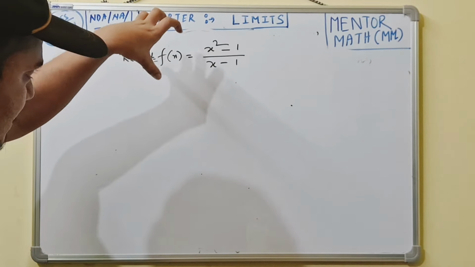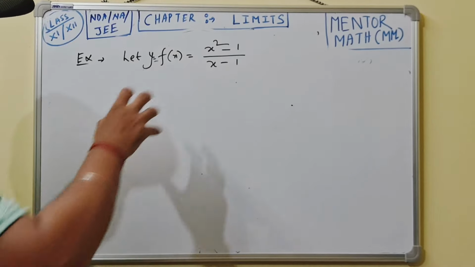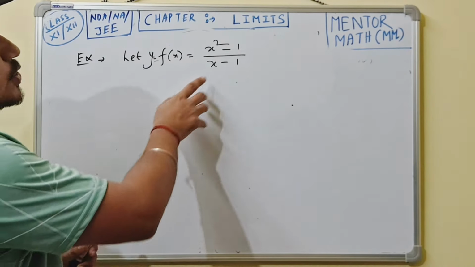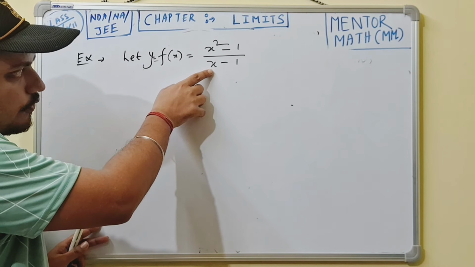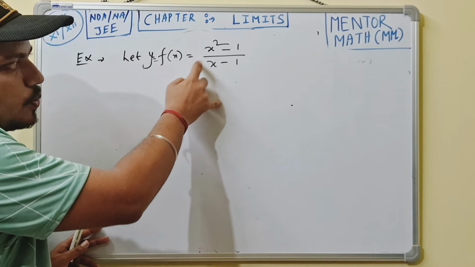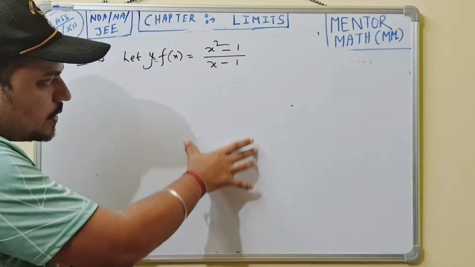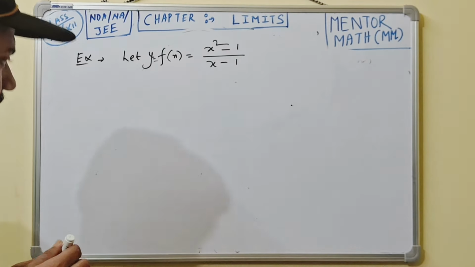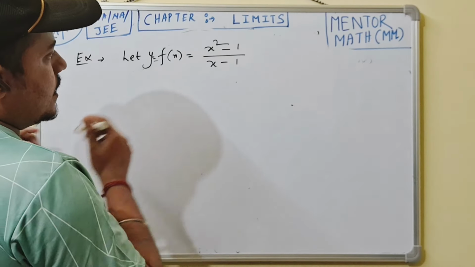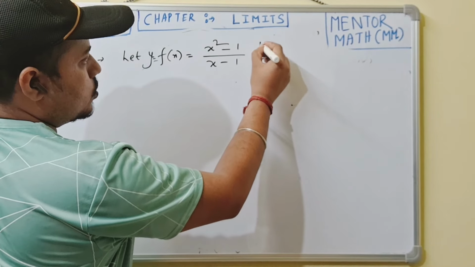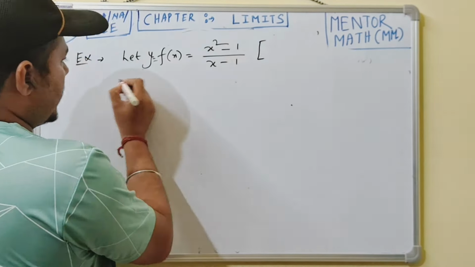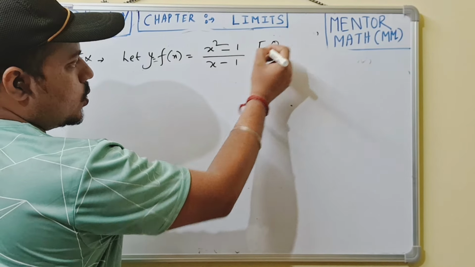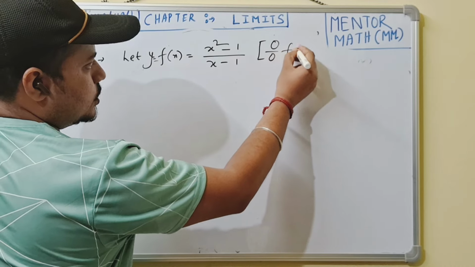You can see the function is defined for x not equal to 1. If I put x equal to 1, the denominator becomes 0, and if the denominator becomes 0, this function is undefined. So for x equal to 1, it gives 1 square minus 1, that is 0, and 1 minus 1 is 0, so 0 by 0 form.